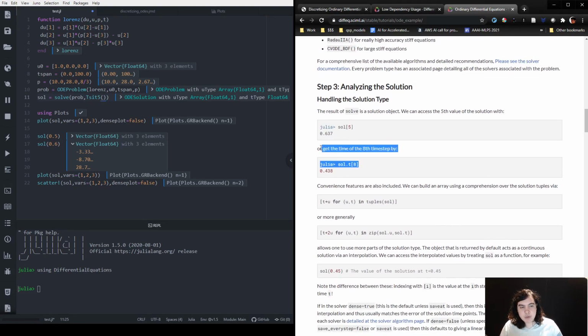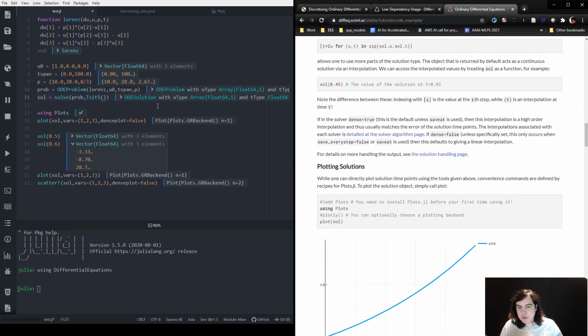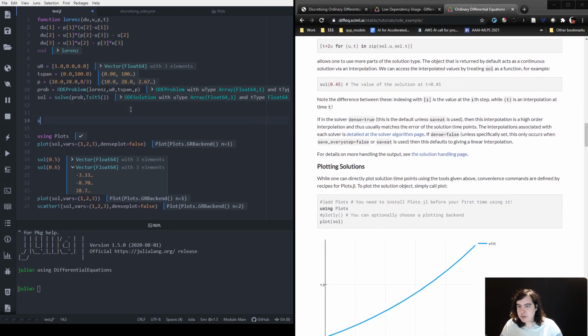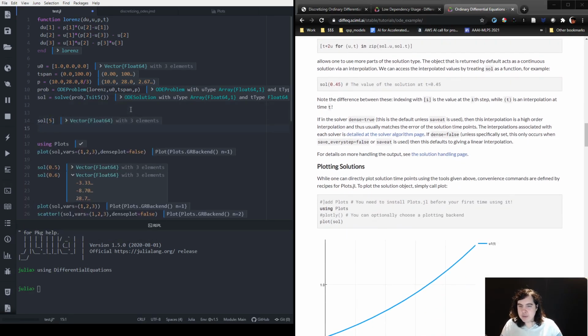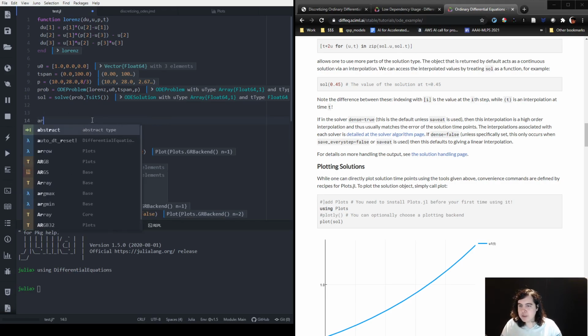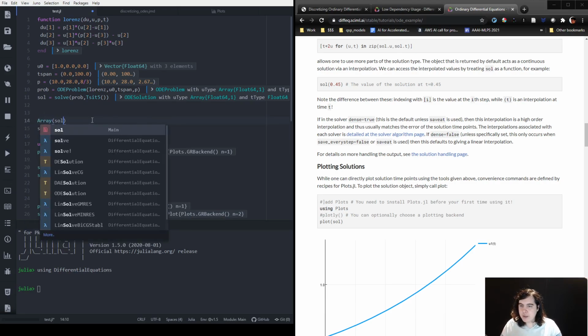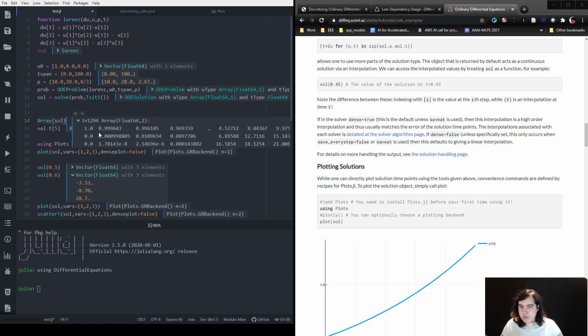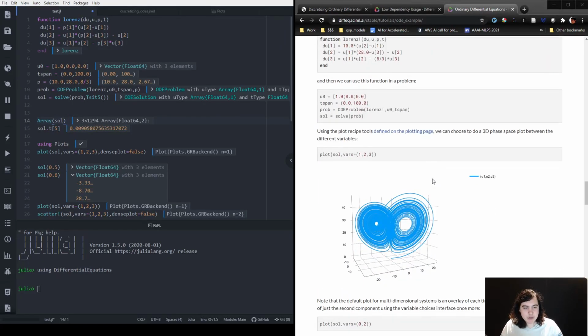You can act upon the solution as though it was an array to grab the explicit values. So sol[5] is the value at sol.t[5]. At this point in time, you had a given value for the solution, and you can grab these arrays. You can convert this into an actual matrix, for example, and then directly work on the matrix, whatever you feel comfortable with.